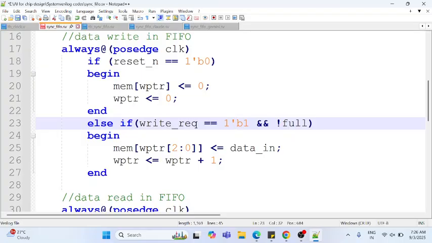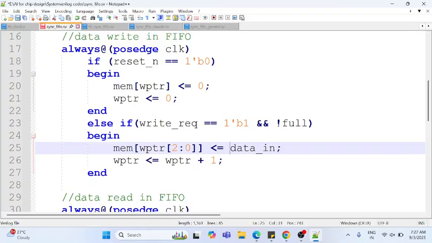Mem of write pointer of 2:0, because 2:0 represents the number of write pointer locations. Only 8 locations are going to be utilized now. Mem of write pointer of 2:0 equal to data_in. Whatever data input is available will be written in the write pointer location.